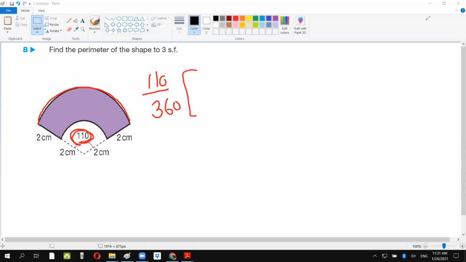Open bracket. I want the curve, I mean the perimeter, so 2 times pi times r. What about r here? It is 4. Excellent. 4 plus.